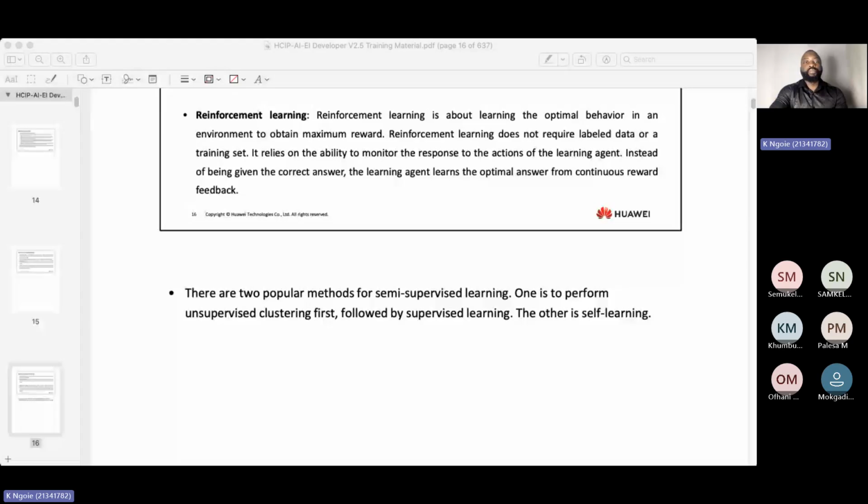Let me make sure I'm sharing the right screen.